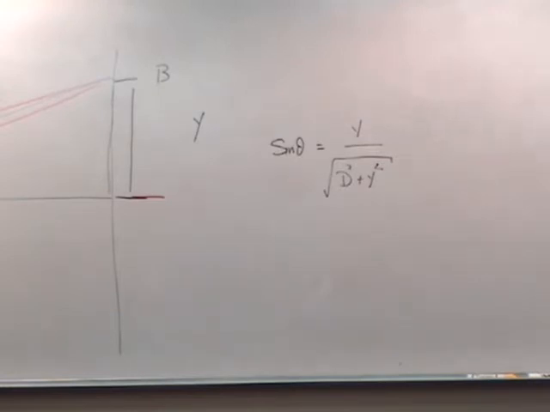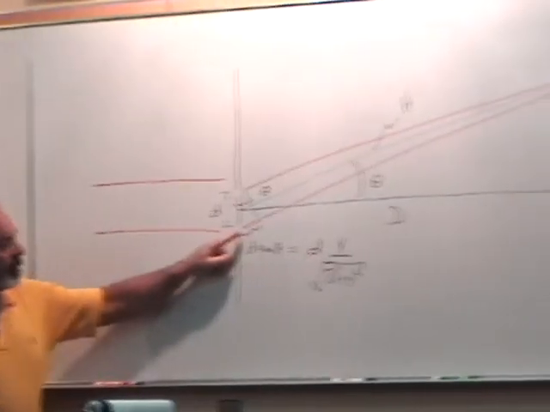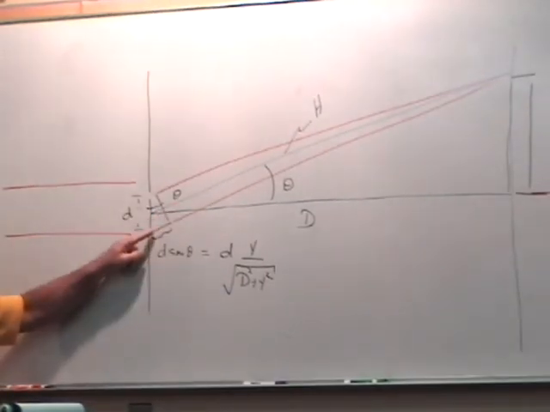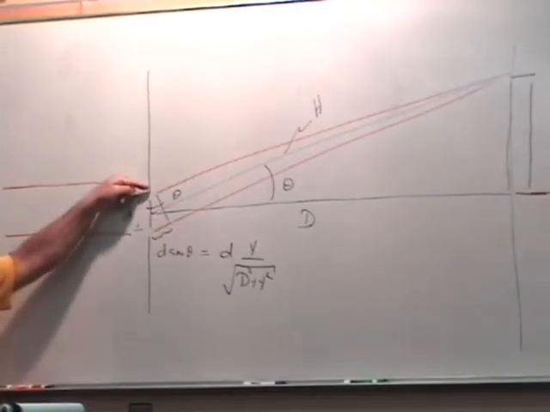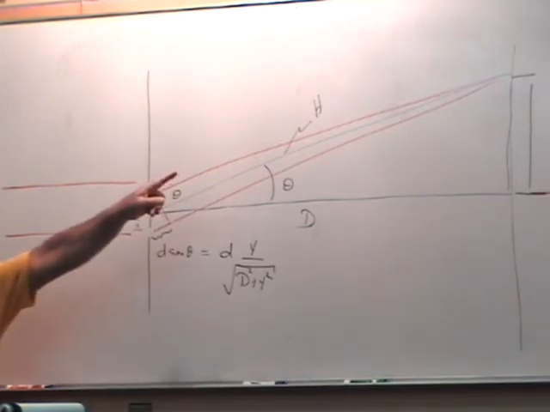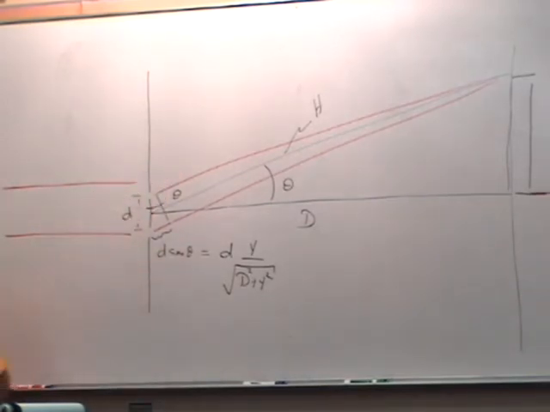So now we've got an expression to describe the optical path length difference, but wait a minute, what we have is constructive interference. Would you agree with me that as long as this is some integral number of wavelengths, you're going to get constructive interference? If this path length is exactly one wavelength longer than this path length, when the two waves arrive at this point, they will interfere constructively. They will add together.